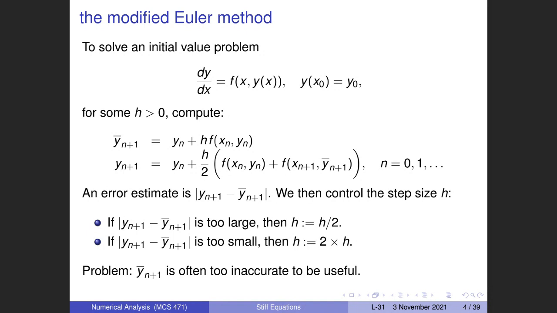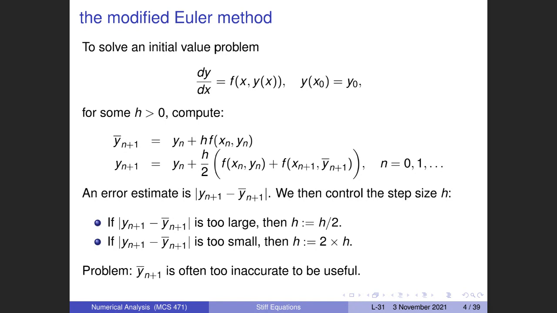If you consider the overlined next approximation and subtract from that the new approximation, then we do have an error estimate. If you remember in our experiments, the local error of Euler's method is actually not that bad. It's h to the power 2. And the modified Euler method has a global error of h to the power 3, so it is cubic in h.